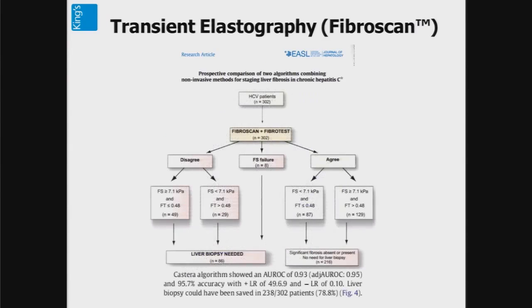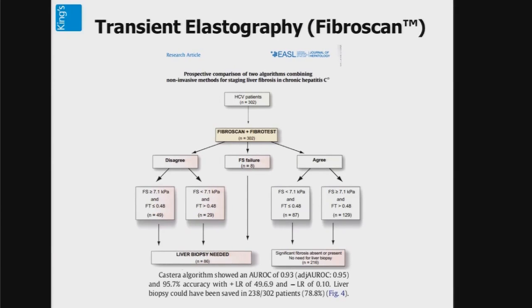But, as always, there are further studies out there to show whether or not this will reduce your biopsy rate. Adding this, will it reduce the biopsy rate? Well, yes, in this particular study, it reduced it by nearly 80% by combining it with other non-invasive tests. And if both those tests agree that it's normal or cirrhotic, you can avoid biopsy.